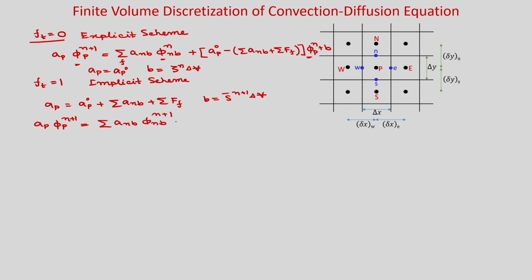Then the next term you will get plus A p naught phi p n, and plus B, where B is only S bar n plus 1 delta V. You can see that on the right hand side the neighbor terms are at n plus 1 and the left hand side is n plus 1, so you will get more than one unknown. So it is an implicit scheme, and it is also first order accurate. If you put f t equal to half, then you will get Crank-Nicolson.